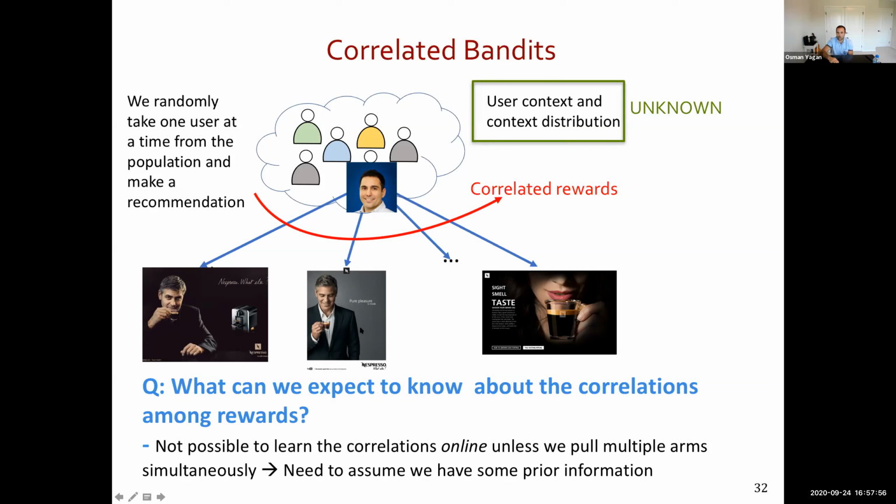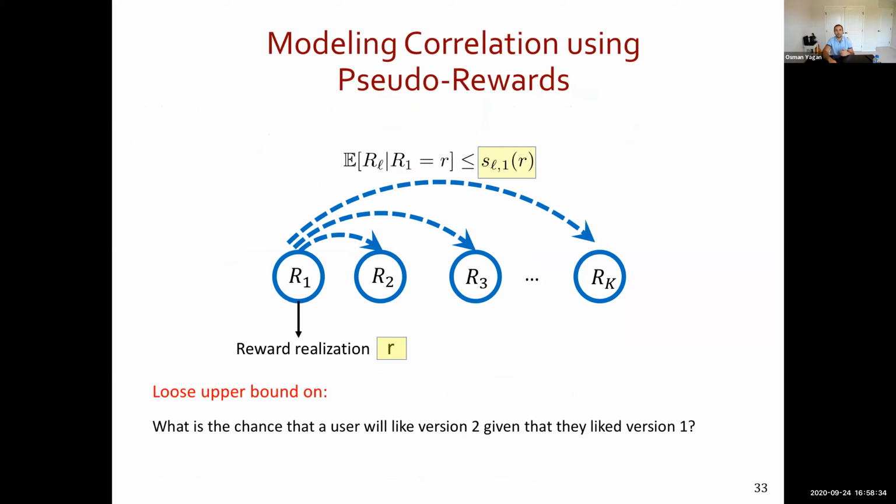There's no way of learning these correlations online. So we need to assume some sort of prior information. I believe the problem setting where you could show multiple arms to a user to learn at least partially the correlations would be a very interesting setup as well, but we haven't studied that. For the moment, we are left with one feedback for one advertisement for each user, so we have to assume something known a priori if we want to make use of these correlations.